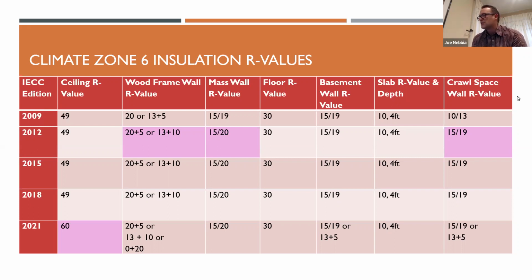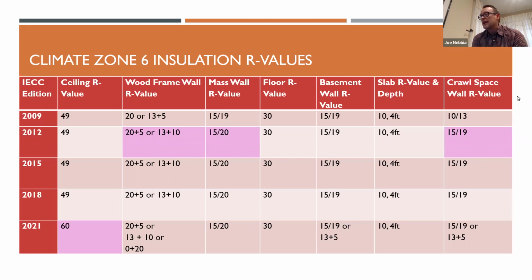It's one of the major increases in stringency, the only one in Climate Zone 6 for the building envelope. So keep that in mind. That's going to be the big jump for a lot of builders who are building in this climate zone that might not be used to this kind of construction. And I'll talk a little bit about what your flexibility around that R60 attic is in a little bit.